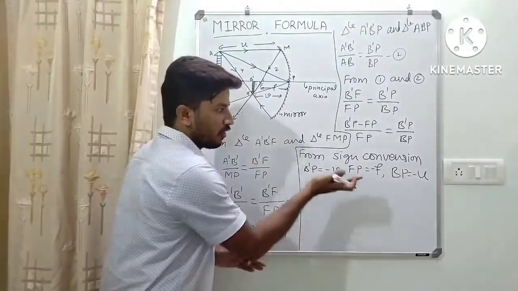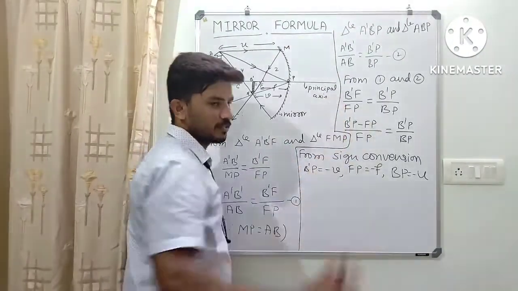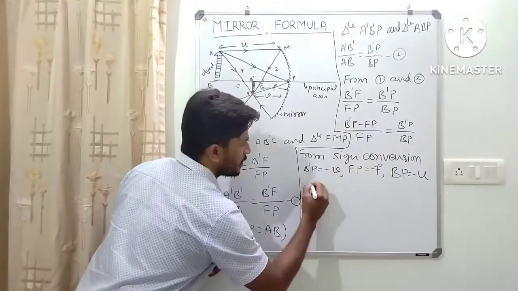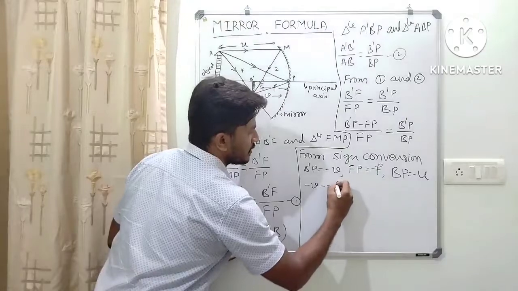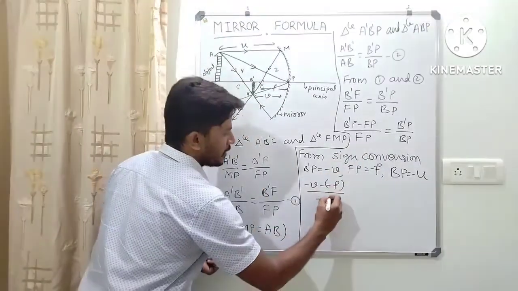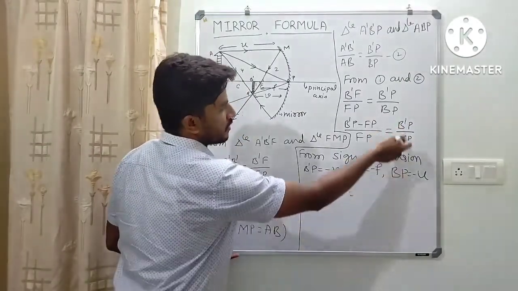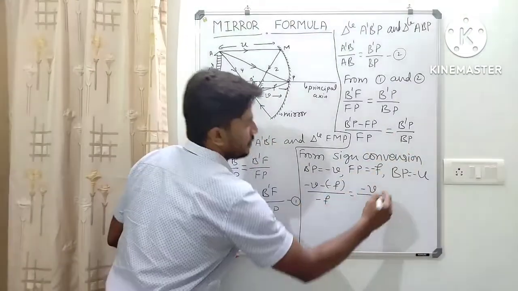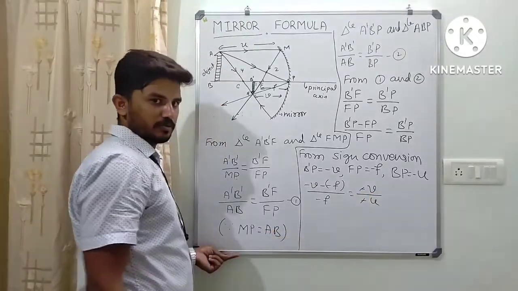So now we have got these values. Let us substitute them in this equation. What is B dash P? Minus V, minus FP, which is minus F, divided by FP, minus F, is equal to B dash P, again minus V, divided by BP. So minus will cancel out.